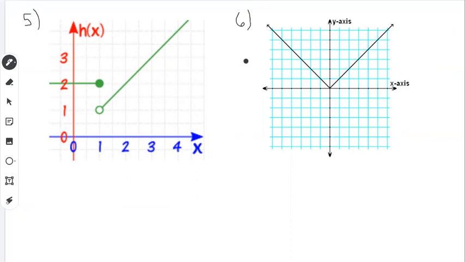Go ahead and write it down on your paper. What type of discontinuity is there? Is it removable? Is it jump? Or is it infinite? And where is the location of the discontinuity on the x-axis? Where do you guys think the discontinuity is? Go ahead and write that down on your paper. You don't need to type it out and send it to me.